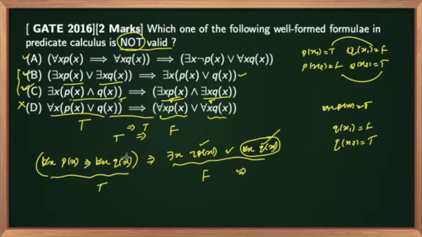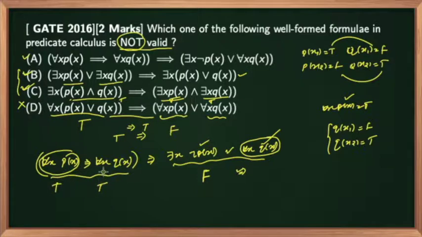Now this right hand side is false. Remember for all x P of x is true, and I took Q of x such that one is false and another is true. I can even make all Q of x false, but let's see whether I can prove true implies false. Now I know for all x P of x is true, so this is true.